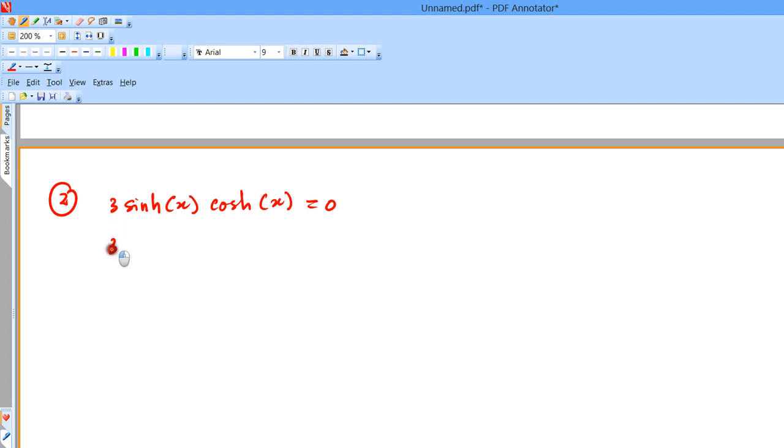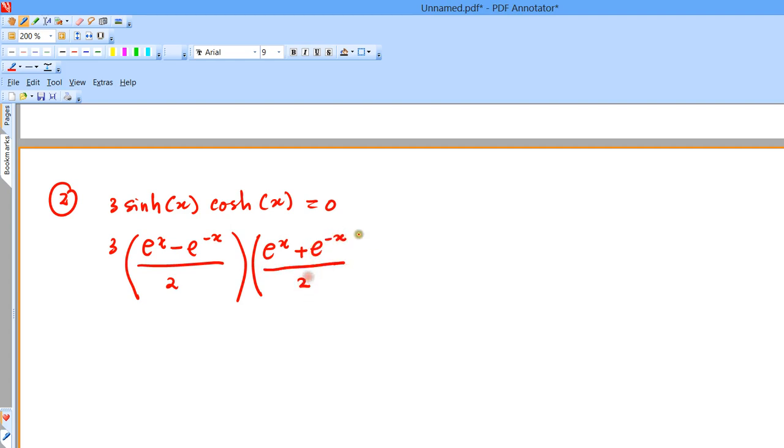So we have 3 times e power of x minus e power of negative x over 2, and then times e power of x plus e power of negative x over 2 equal to 0.